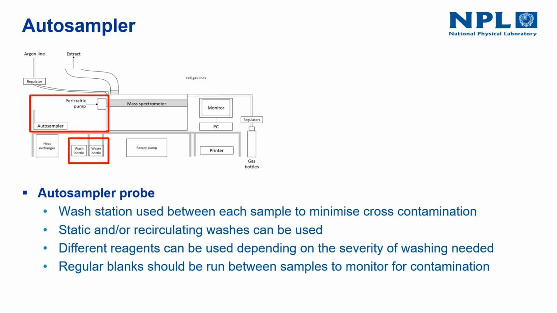So perhaps the next wash stage could be 3% and then finally 1%, which matches the reagent that your samples were prepared in. Either way, it's very important that regular blanks are run between samples to monitor for and correct for contamination. Some laboratories will measure blanks between every sample that they measure.